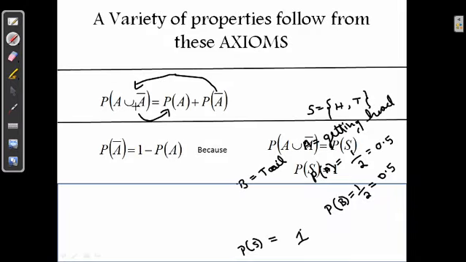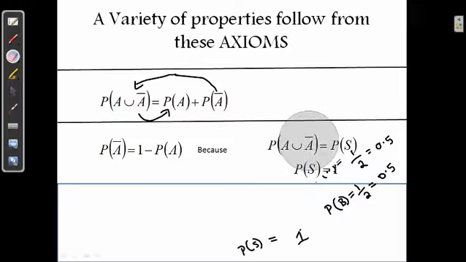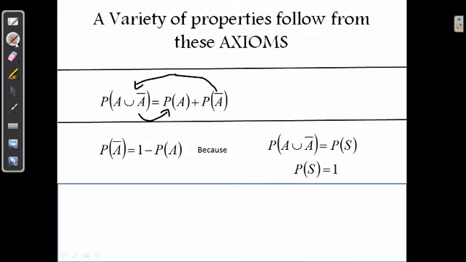So probability of A union A bar is nothing but probability of S, since A and its opposite together make the full sample space, and the sample space probability is 1. So you can write this as P of S is 1, so 1 minus P of A. This is the axiom which is derived from here.